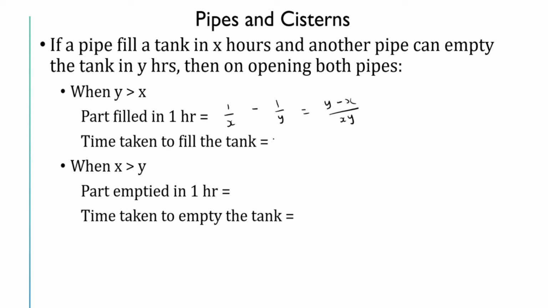Therefore, the time taken to fill the tank will be XY by Y minus X. So, this is the case when a pipe can fill a tank in X hours and another pipe can empty the tank in Y hours, then the part filled in 1 hour will be Y minus X by XY, and the time taken to fill the tank will be XY by Y minus X.